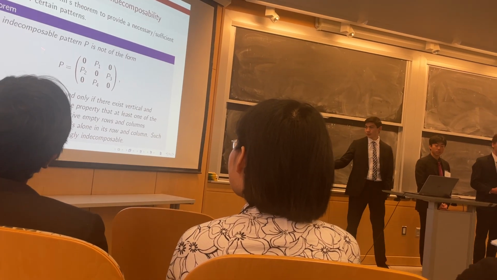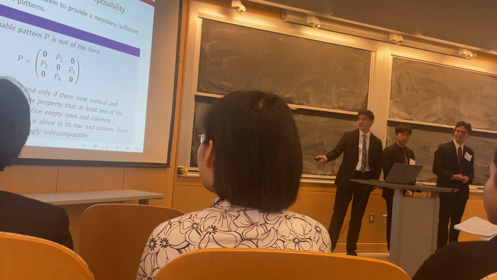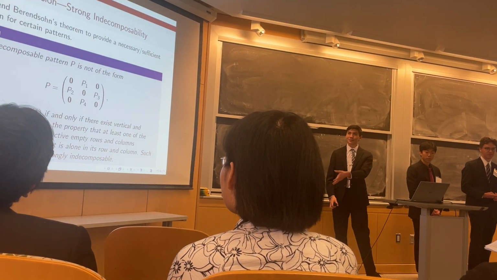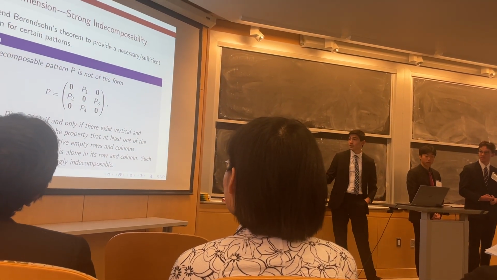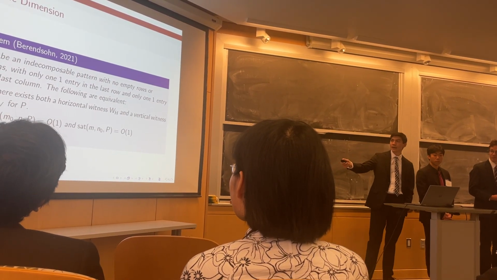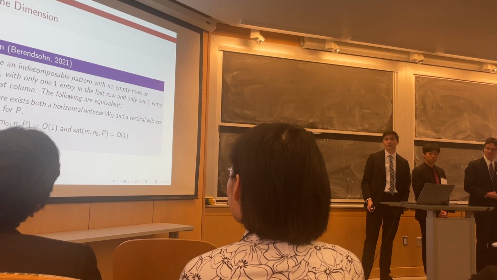And also this condition on the witnesses is both necessary and sufficient. And the reason that this doesn't cause an immediate contradiction is that in Berenson's result, this is actually implied by the condition that we have on P.